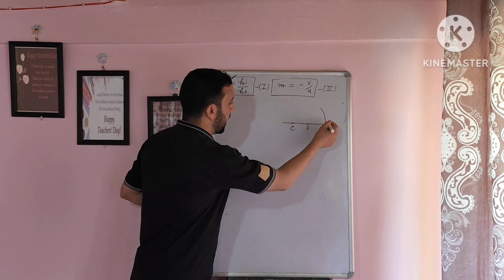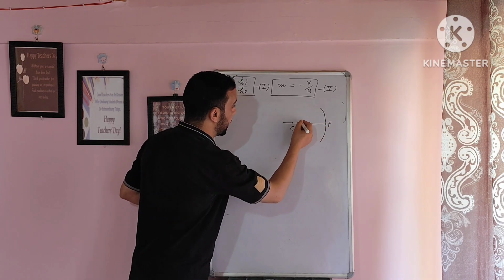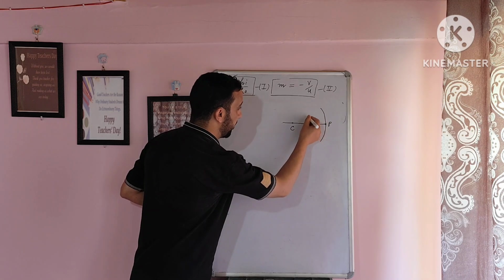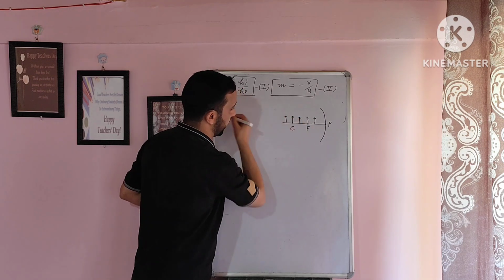Dear students, if we try to locate the object, it might be at F, it might be between C and F, it might be at C, beyond C, or at infinity.